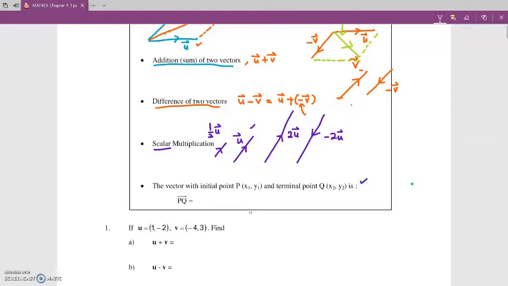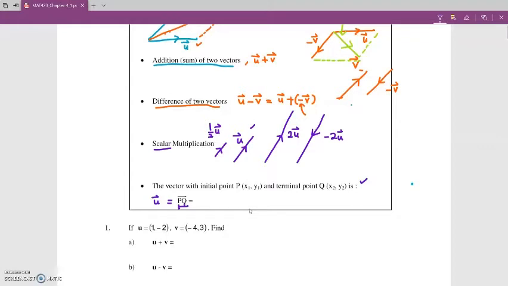Now we're going to find a vector, let's say vector PQ. We can represent a vector with points PQ like this, or we can represent it with another variable, like u.